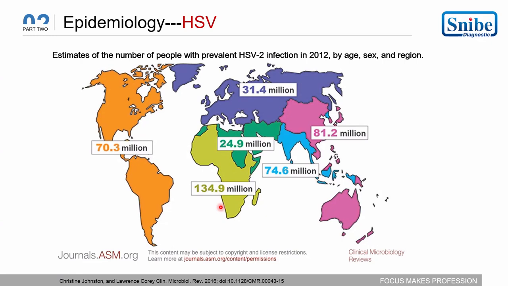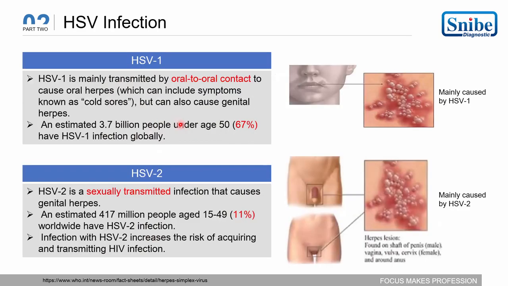If we talk about other regions, like China and the Australian region, 81.2 million people are infected with the HSV virus. In North America and South America, 30.3 million people are infected. Along with that, in the Russian region and the European region, 31.4 million people are infected with herpes simplex virus type 2.